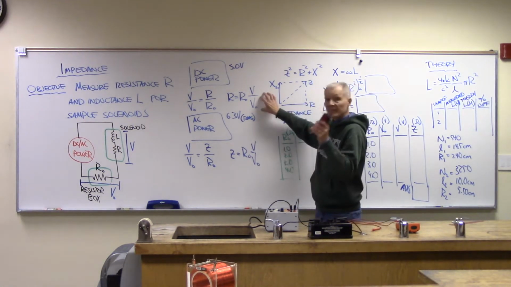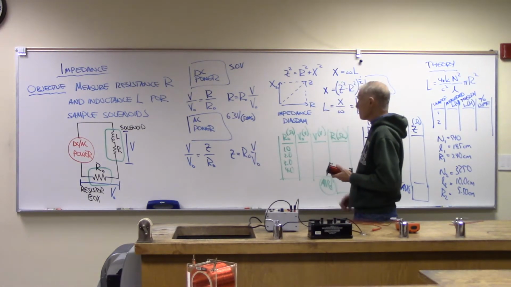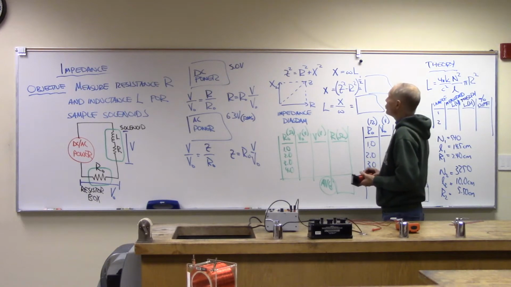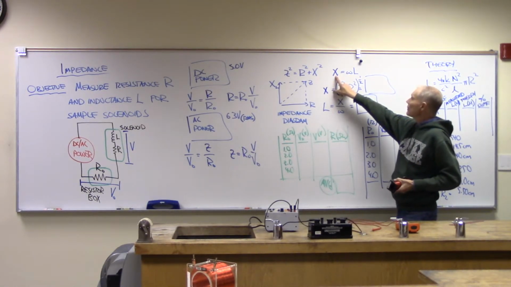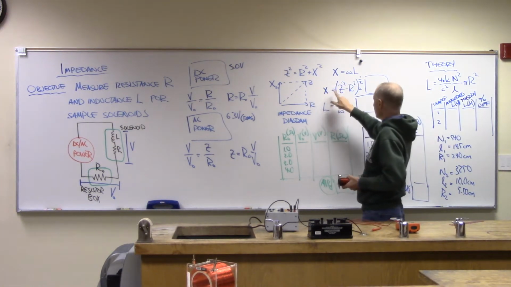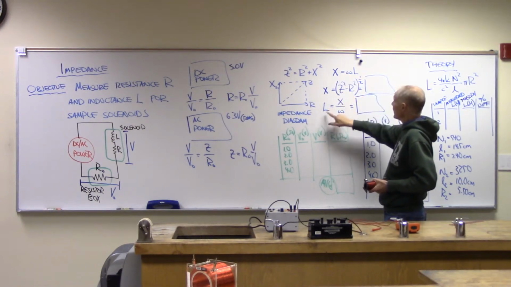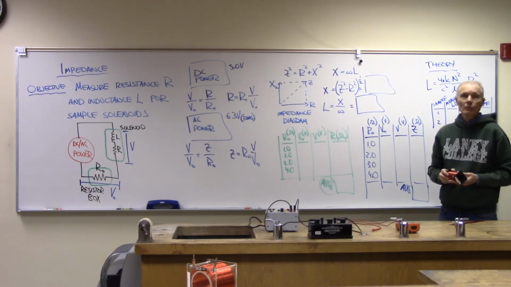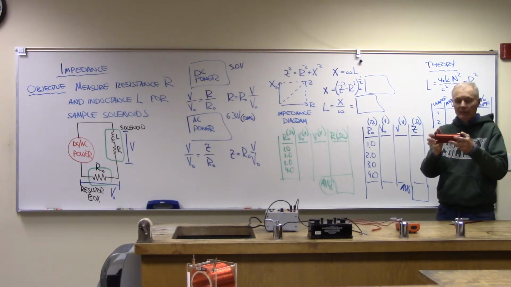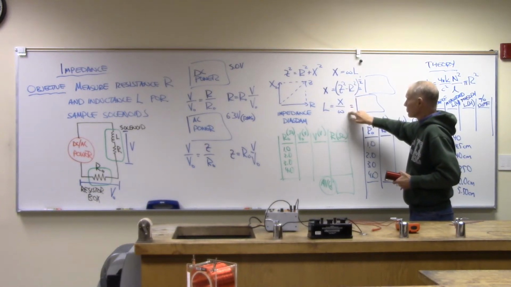Once I have resistance for this device, and once I have impedance determined, I can use that to work back and come up with the reactance. So I can solve for the reactance from here, and then from this equation I can solve for the inductance, or the self-inductance, of the inductors using this series of formulas.